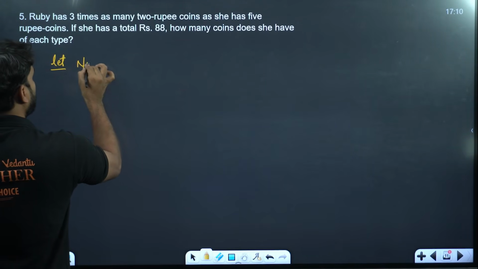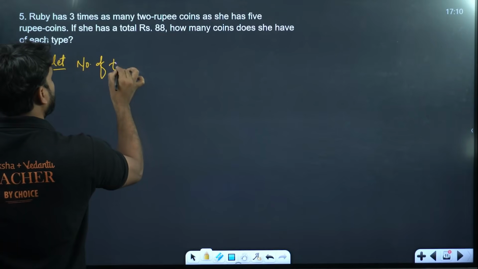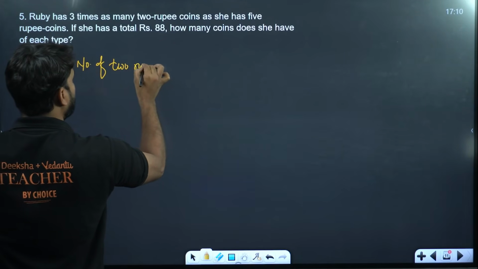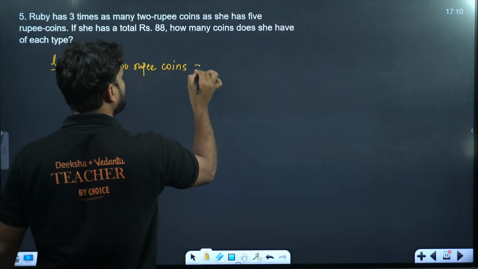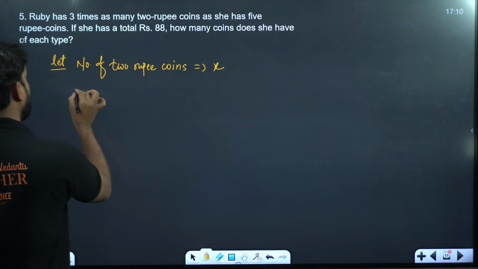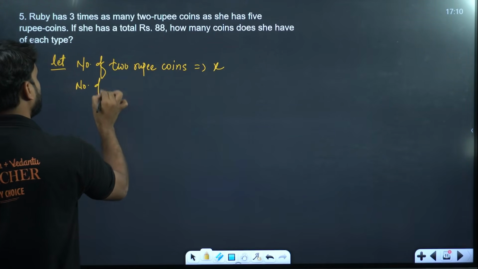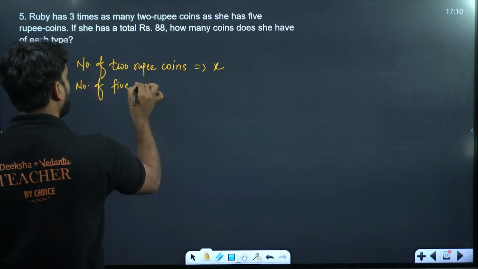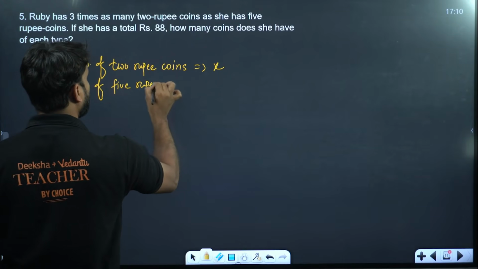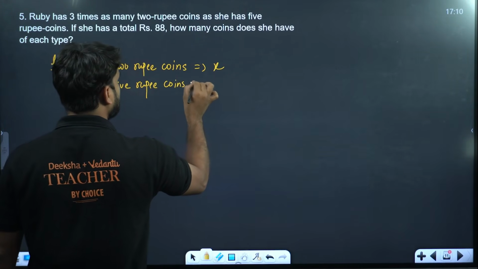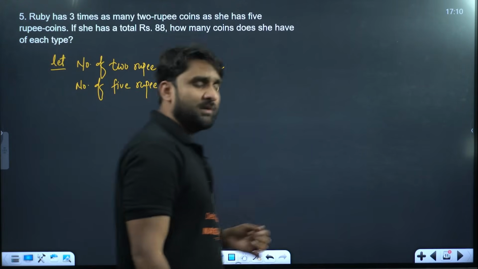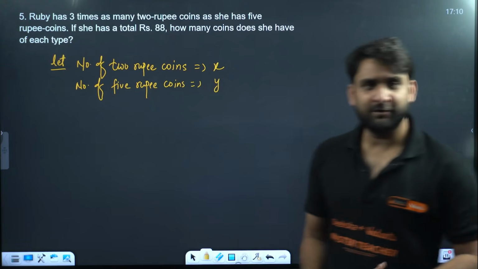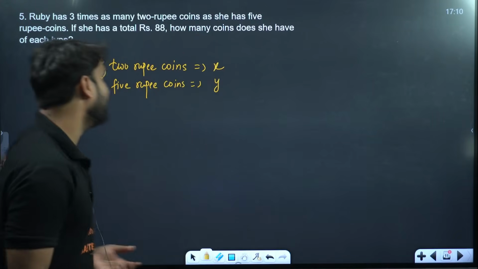the number of 2 rupee coins is x, and the number of 5 rupee coins she has is y. So we have supposed x as the number of 2 rupees coins and y is the number of 5 rupees coins.